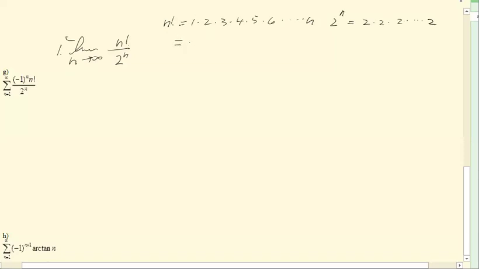Let's write this out like so. To start, 1, 2, 3, 4. Let's go out to 1, 2, 3, and then leave this as 4, 5, 6, and so on. And now this is about 6 right now.